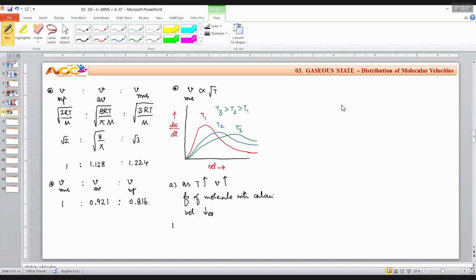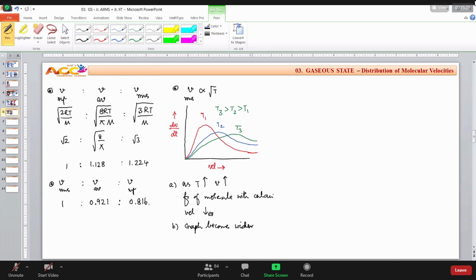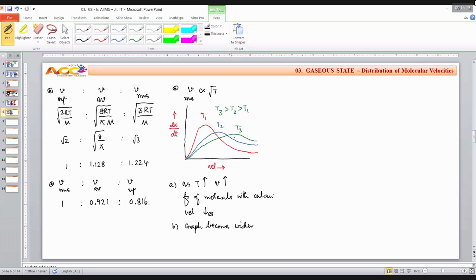The graph becomes wider. What is the physical meaning of this? Distribution is large. We have a large number of molecules with this velocity and this velocity. Distribution is higher. Distribution is increasing.